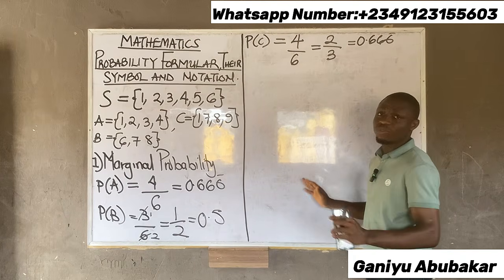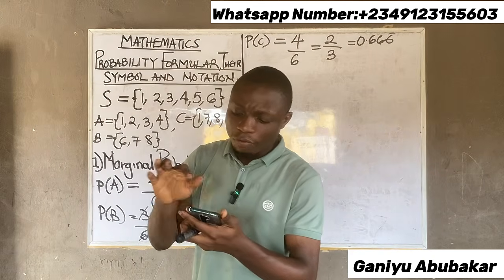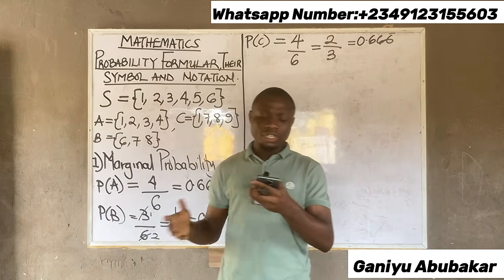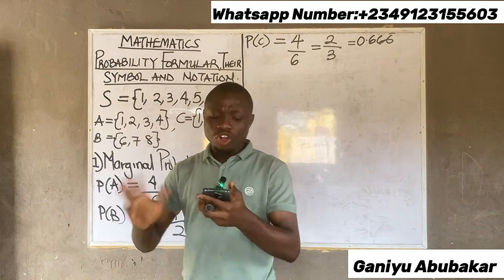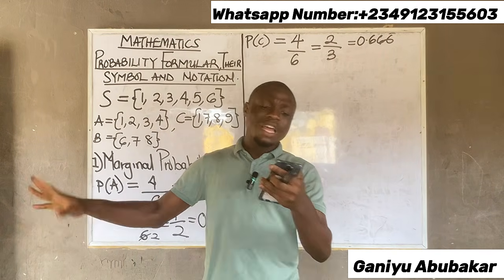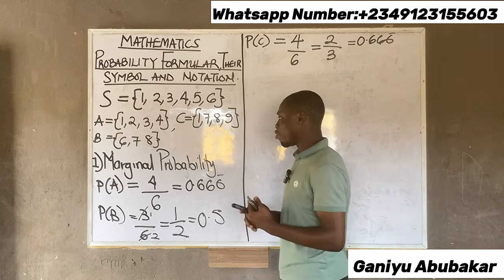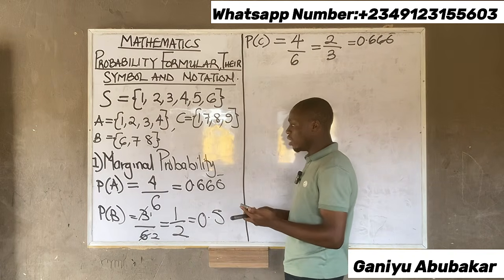They are solved individually, right? As I said earlier, the probability of a single event occurring independent of other events, or regardless of the outcome of any other event, is called marginal probability. This is how you work with this concept.